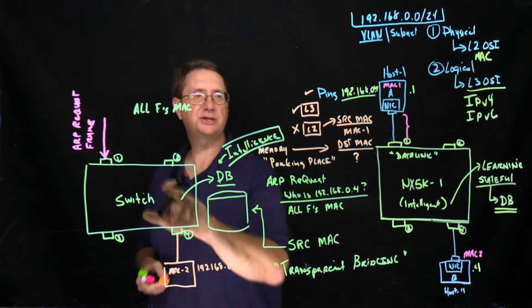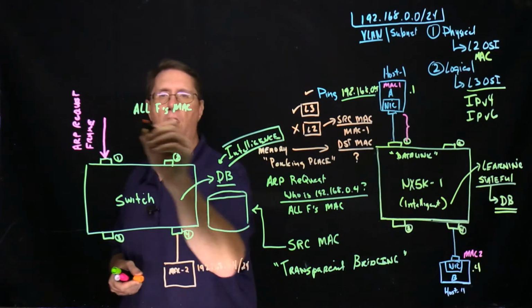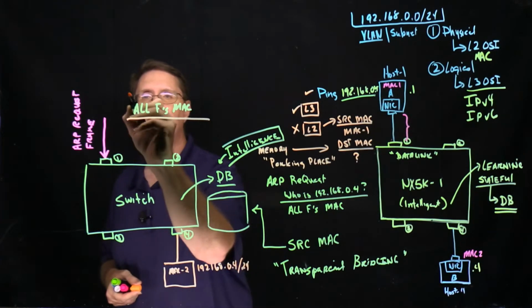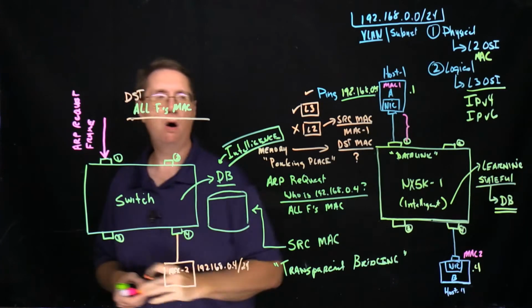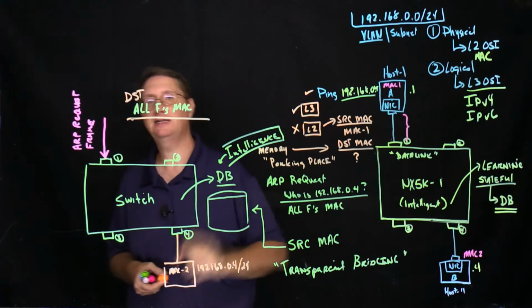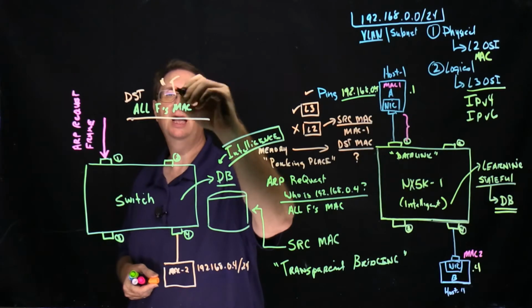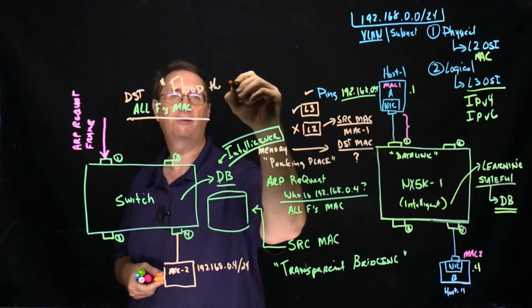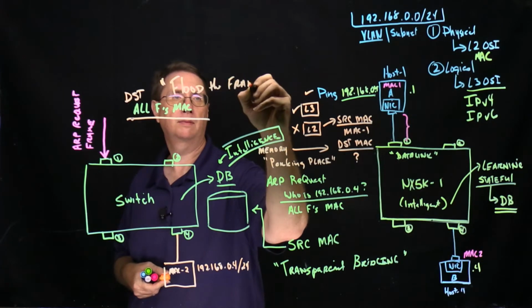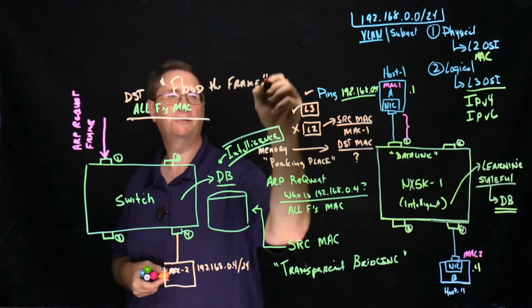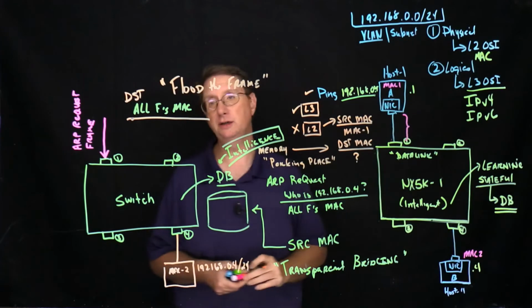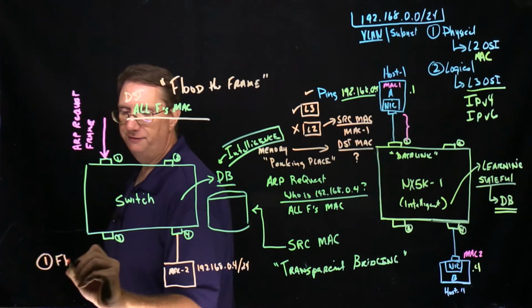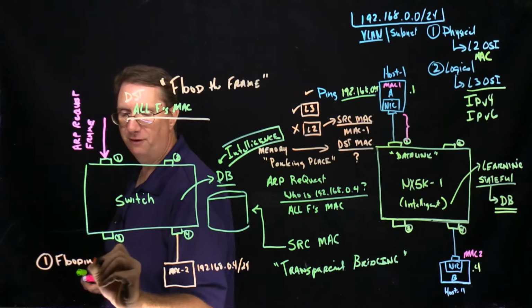Now, when the switch receives this all F's MAC address, or a frame with a destination of all F's, what ends up happening is it performs a special function, and that function is going to be to flood the frame. Now that's the first of 3 primary behaviors that we're going to deal with when it comes to switches. The first one is going to be flooding, so I'm going to flood frames.